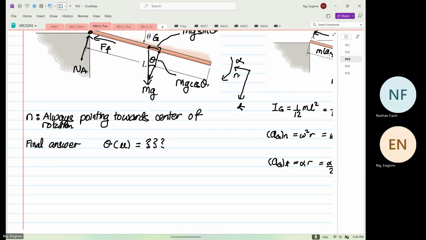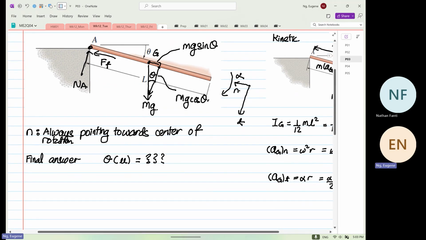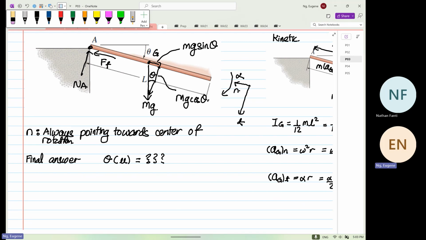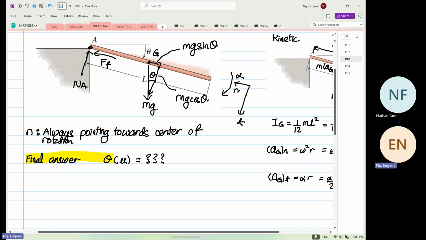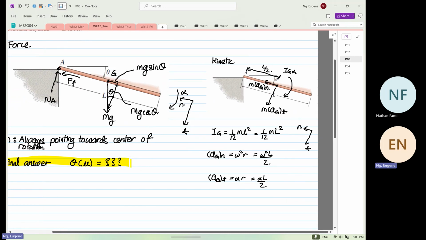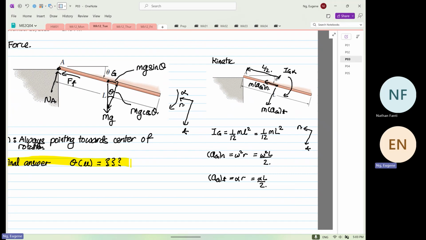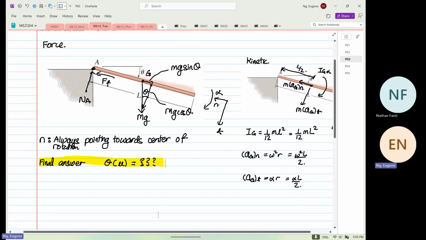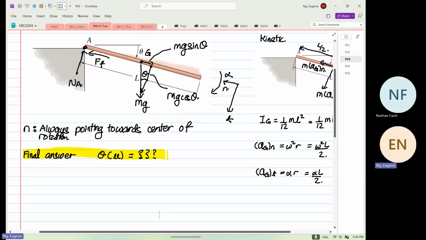From here, I think the most important part is the analysis. This is the analysis that you need to know, and the rest over here are all analysis. Then is forming the equation. All of you are really good at it now. It's like 2P04 when you form the equation, except nothing goes to 0.